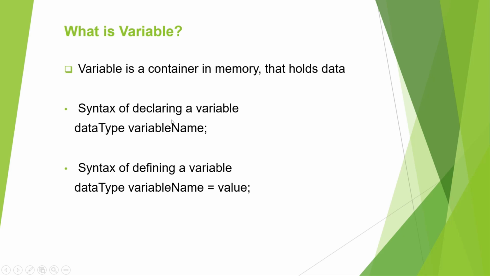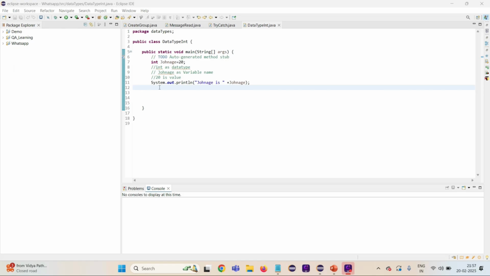We are going to understand this declaration and defining a variable by an example. If you want to declare a variable, for that you have to use int. Int is a data type, variable name that is Jennifer age.